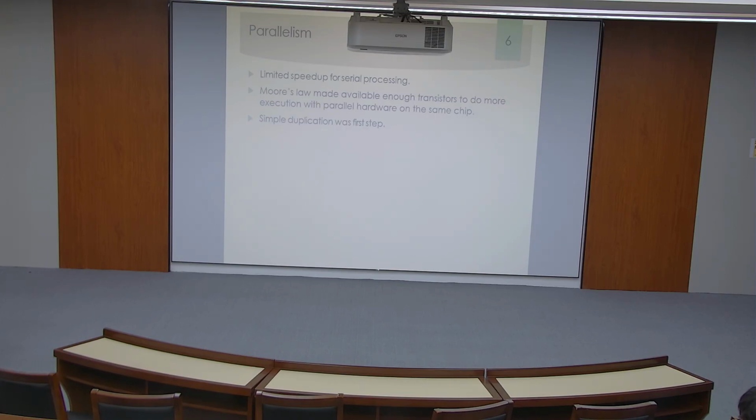We talked about many cores on a single processor chip to allow many threads to be executed at the same time, because each core will be able to handle a thread on its own. That's why Moore's law has made available enough transistors to do more execution with parallel hardware on the same processor chip.